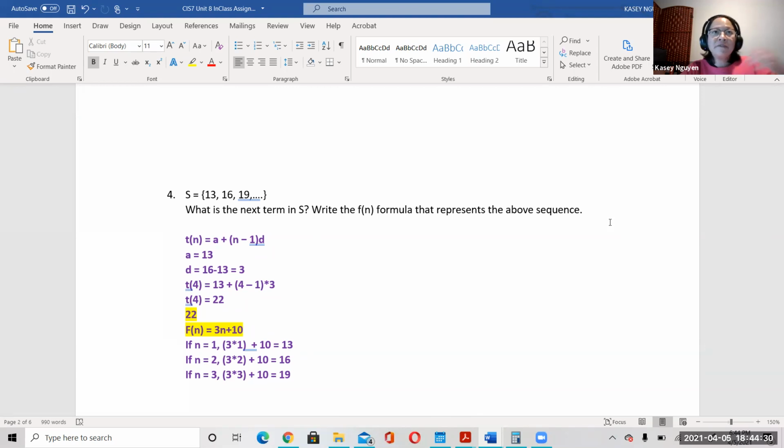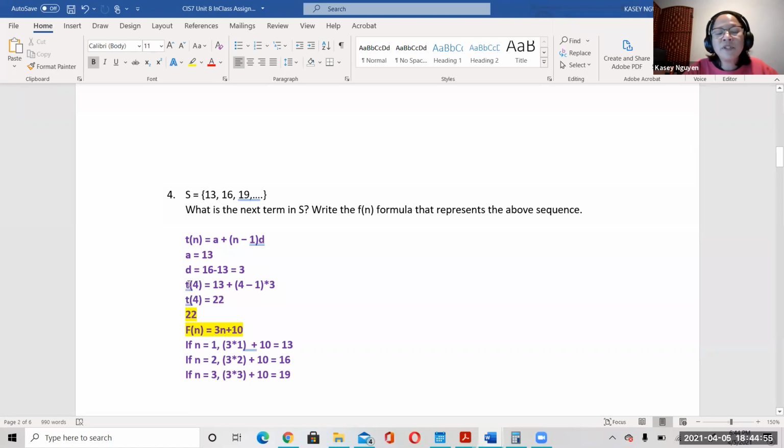We can use the first technique that we learned, or we can use the equation, which is easy. So we first say that your A is 13. The D, we can take 16 minus 13, we have a 3, or 19 minus 16, you also have a 3. So 3 is your D.